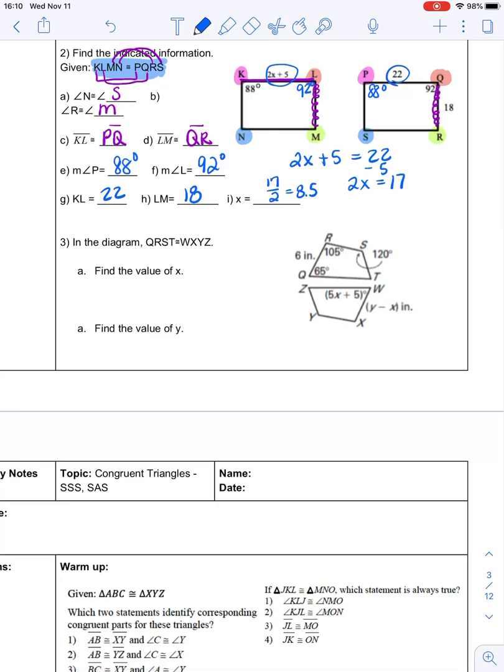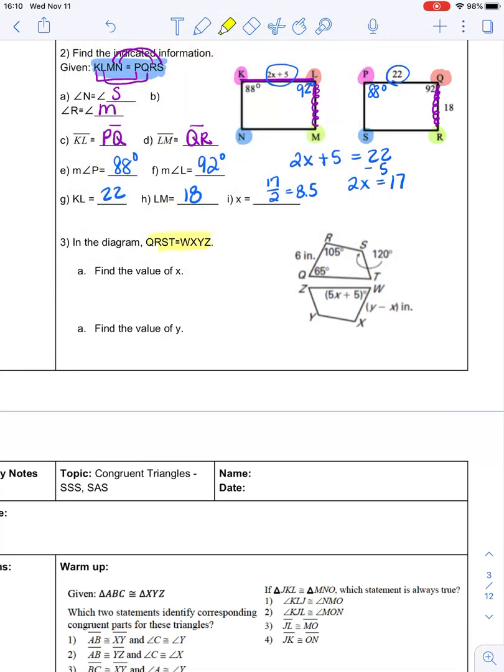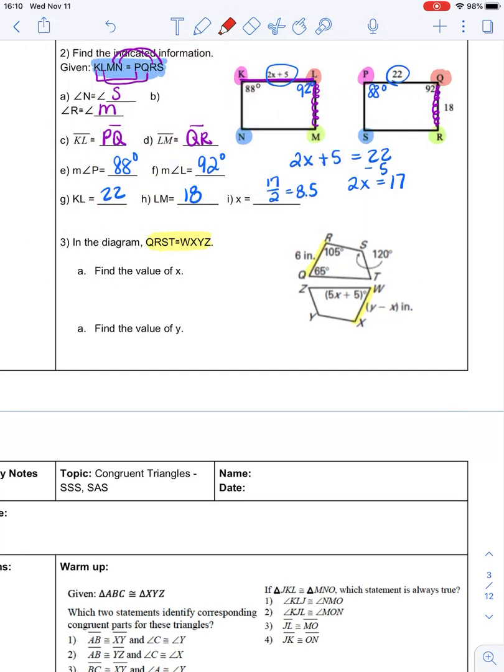Okay, so in this last problem, again, you want to use your congruent statement to match things up rather than just looking at the picture. It just leaves yourself open for room to make mistakes if you don't. So QR matches with WX. I'm going to color code it so it's easier to see.